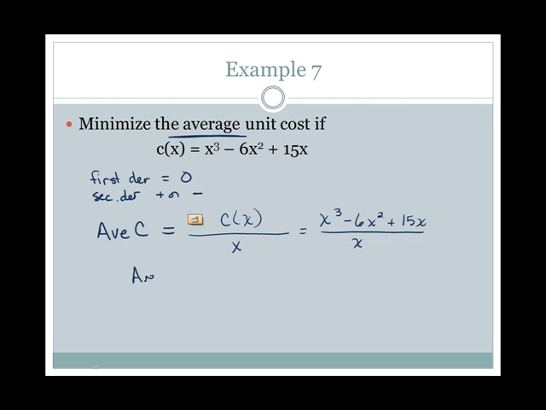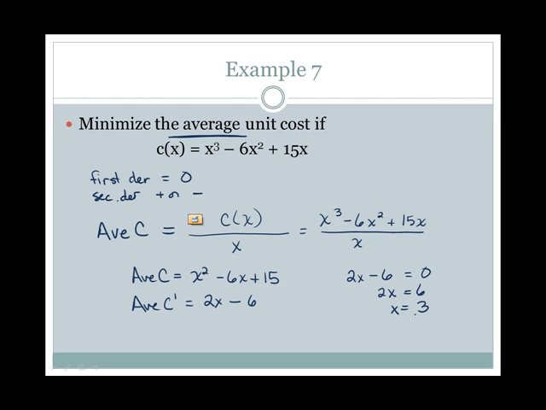So our average cost function would just be x squared minus 6x plus 15. Now we take the first derivative of our average cost, which is 2x minus 6. We set it equal to 0. So 2x equals 6, x equals 3.